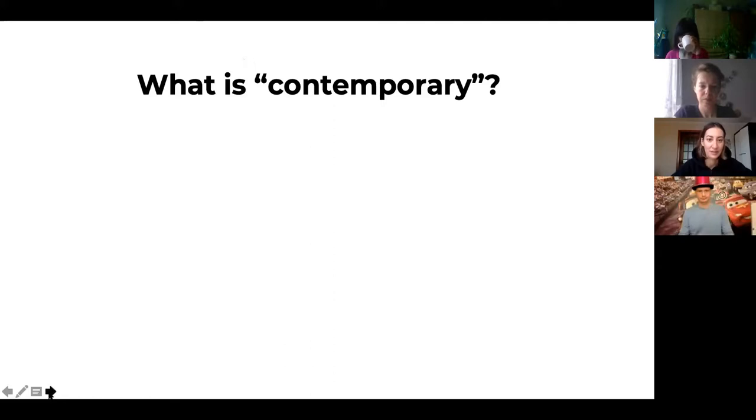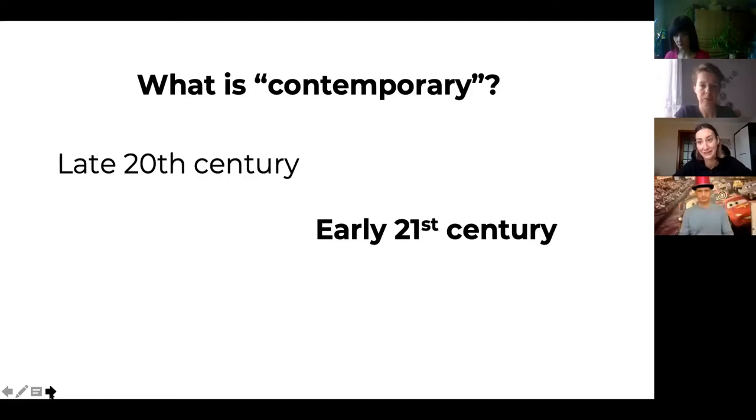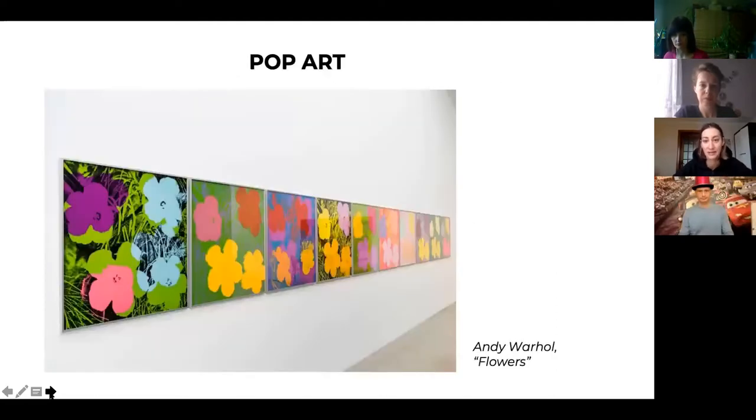So contemporary art is actually modern art of today, made by living artists, but it's also defined more broadly as late 20th century and early 21st century. It's also about recent years, present days. And contemporary art is thought to start from pop art. This is a famous artwork by Andy Warhol. It was post-war America, the USA.